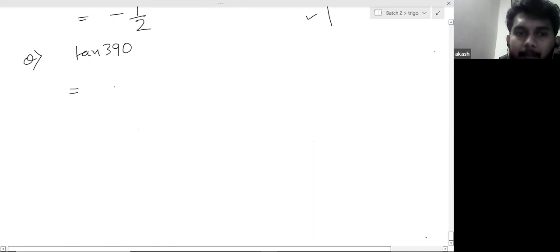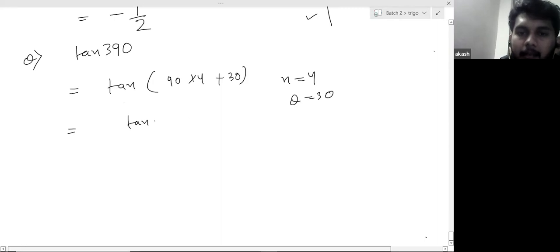So the first step would be 390 equals 90 into 4 plus 30, right? 360 plus 30. Here n is 4, so even, and theta is 30. So we can write this: tan will remain tan, and 30.